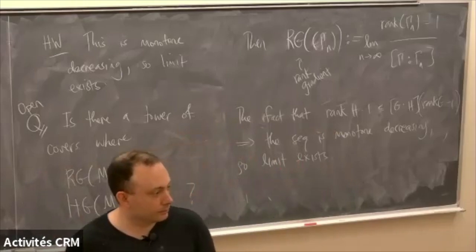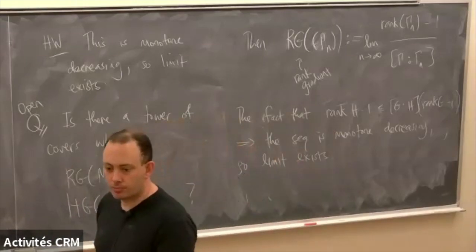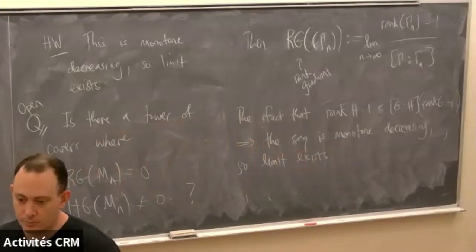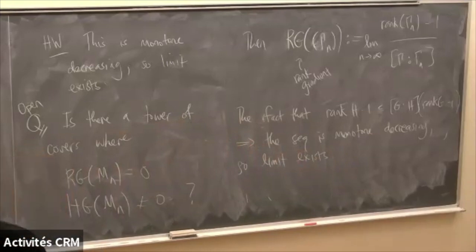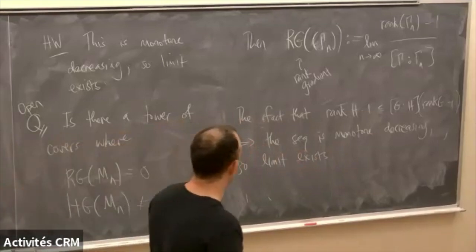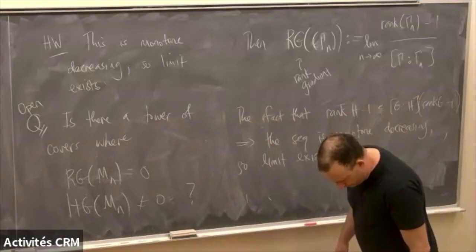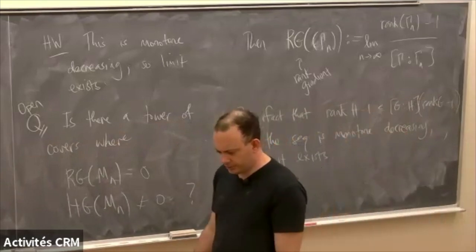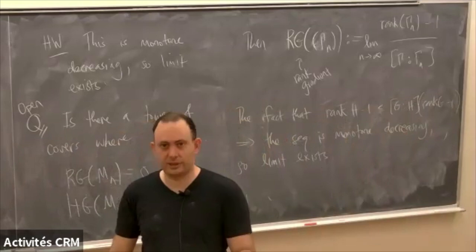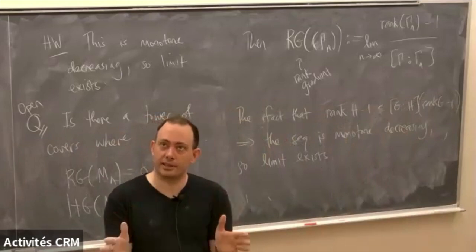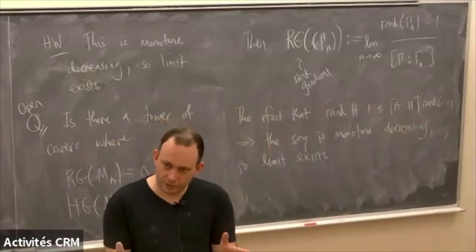So you mentioned algorithmic things earlier. Is there an algorithm to compute the rank and the Heegaard genus for a three-manifold? Yeah, that's a great question. I think there's no algorithm known to compute the rank. Well, let's see if I get all this correct. I think there is an algorithm to compute the Heegaard genus of a three-manifold.